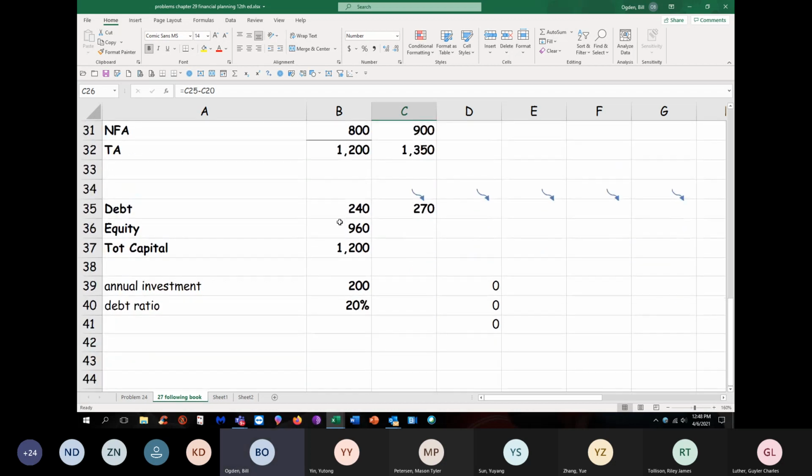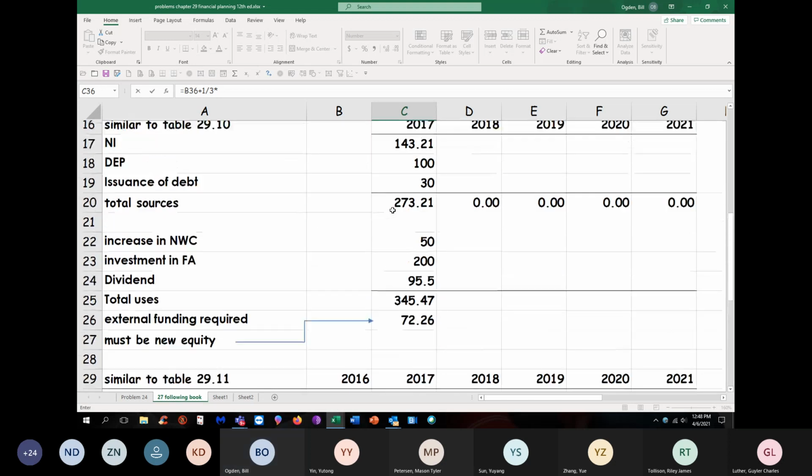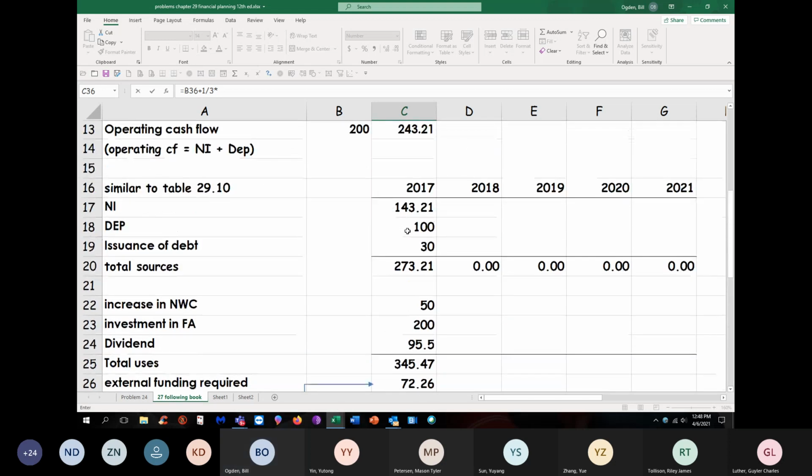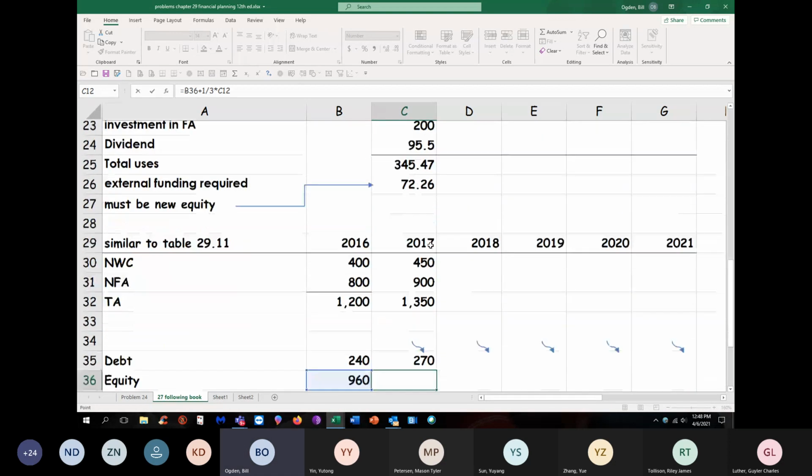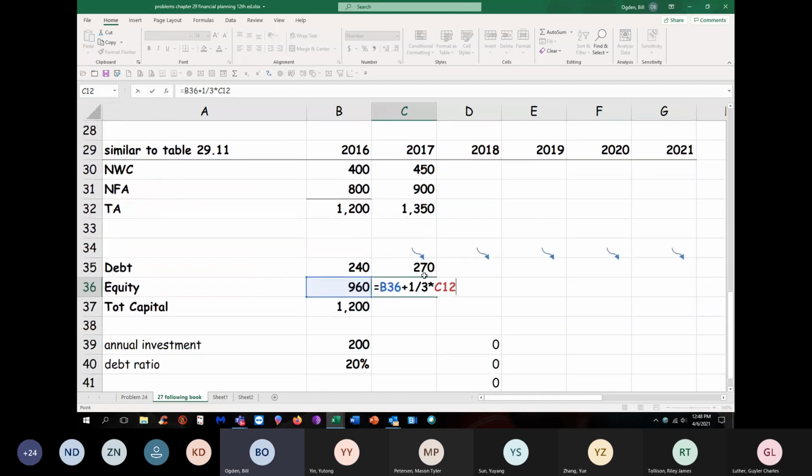So what does that do to the book equity account? Well, it says that it's equal to where it started plus our addition from earnings, and we will be adding 1/3 of our earnings. Okay, and now I think somewhere along the line you probably would say, well, don't I need parentheses here?